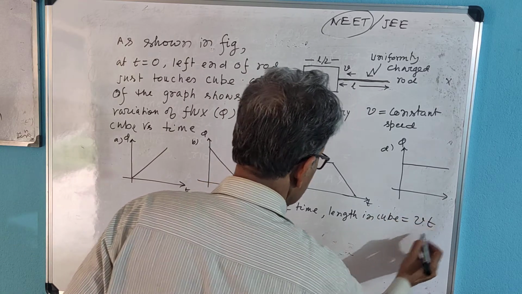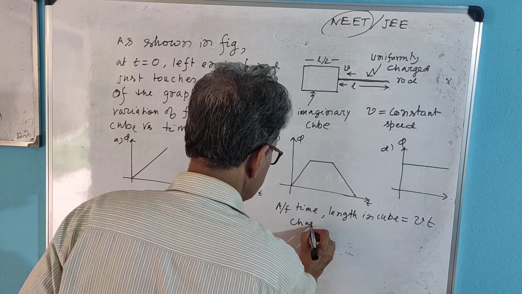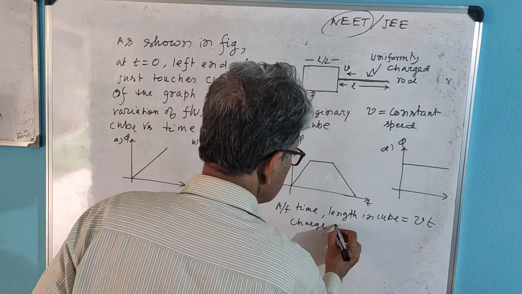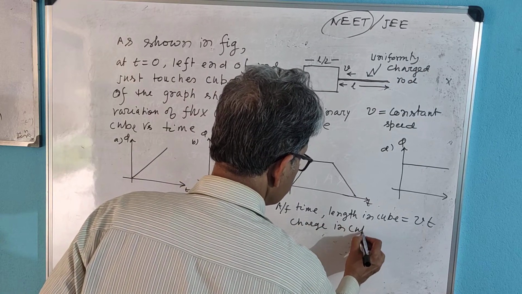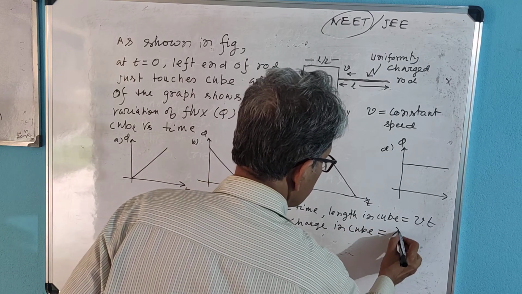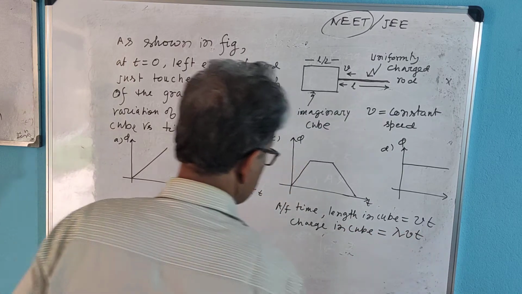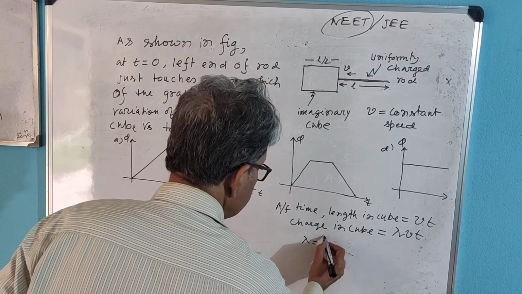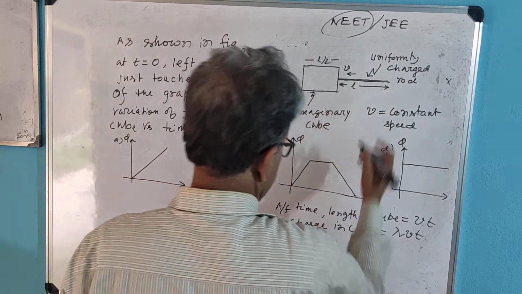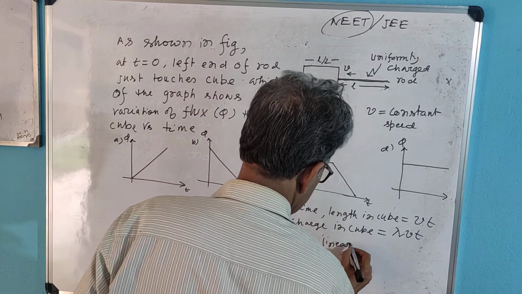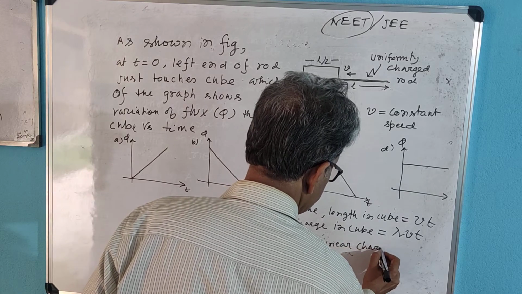Vt. So the charge within the cube is how much? Lambda Vt. But what is lambda? Lambda is the linear charge density, the charge per unit length.